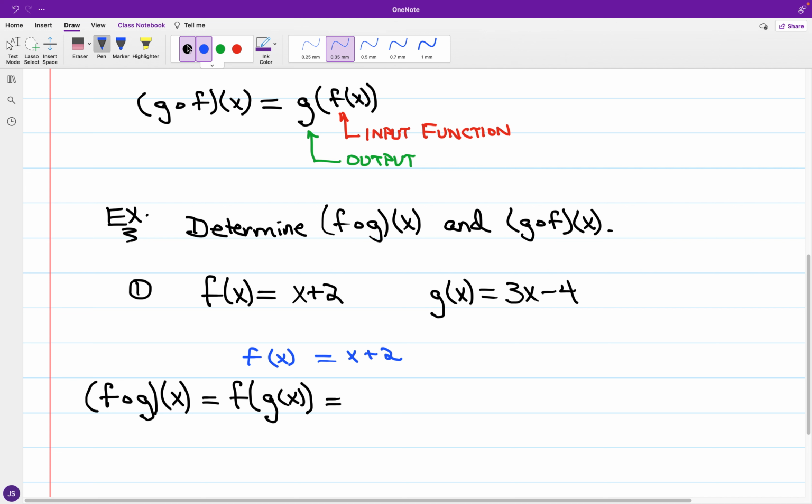Now we've got g of x as the input, so f of the input is equal to the input, which is g of x, followed by the addition of 2. Then, specifying what the composition is going to be, I get g of x plus 2. Well, what is g of x? That expression is 3x minus 4.